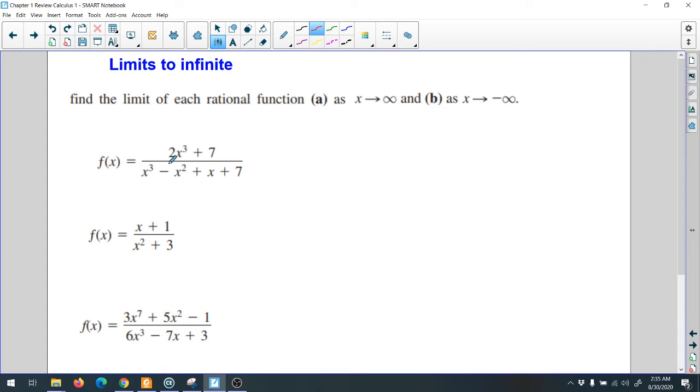We have the maximum exponent at the top is 3 and the maximum exponent at the bottom is 3. They are equal. So here is the limit of 2x to the third plus 7 over x to the third minus x squared plus x plus 7.